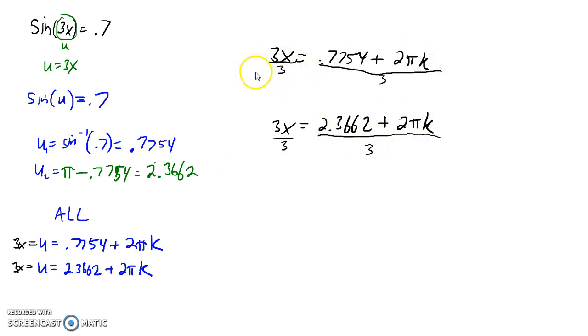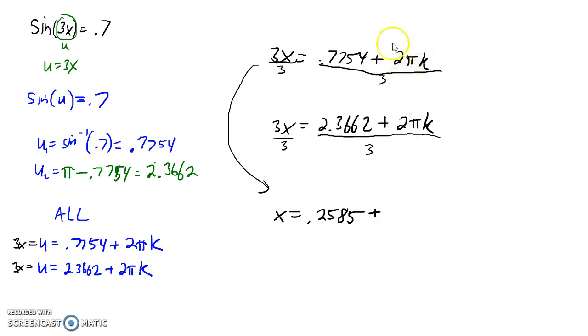So on the top here, we're going to get x equals, so we take 0.7754. If you still have the exact value on your calculator, use that instead. We'll divide that by 3 and we get 0.2585 roughly.